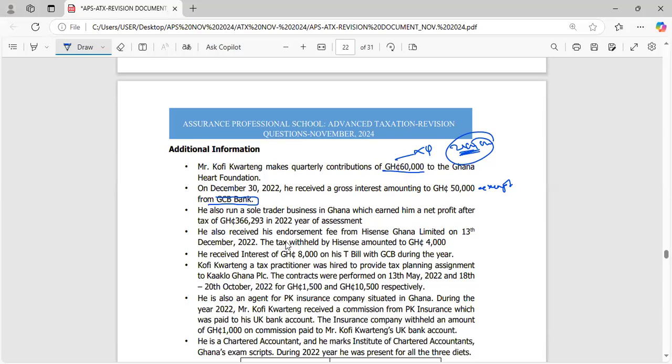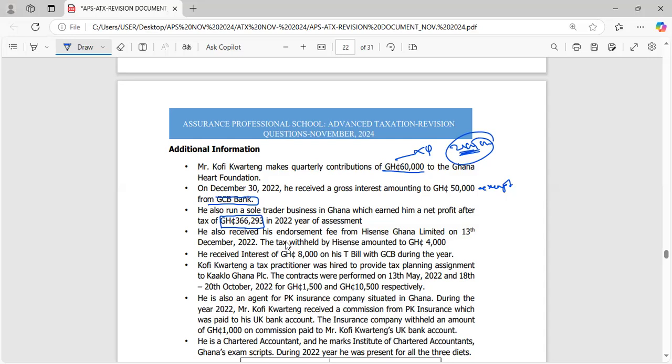He also ran a sole trader business in Ghana, which earned him a net profit after tax. It's a sole trader business, one-man business. So the net profit after tax is 366,293 Ghana cedis. This was after the tax at the graduated individual rate.